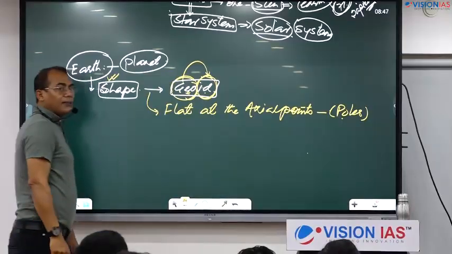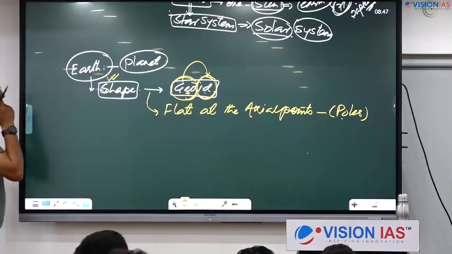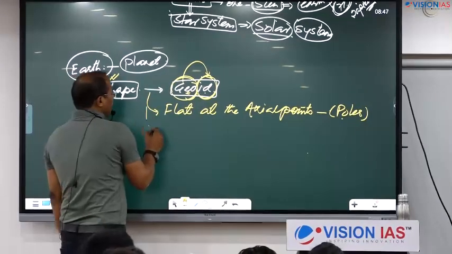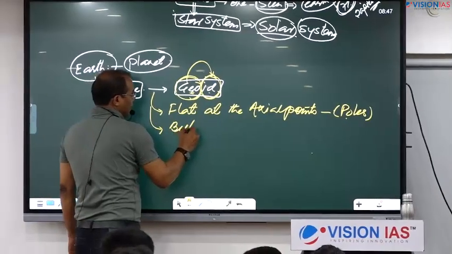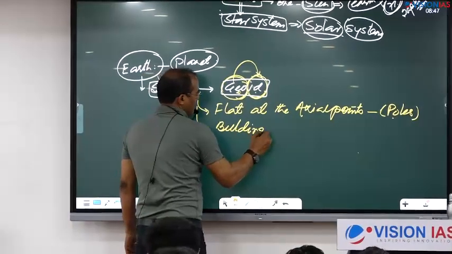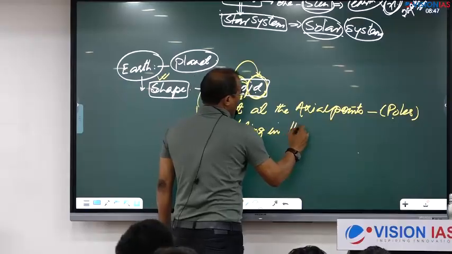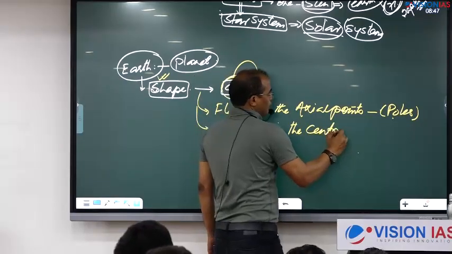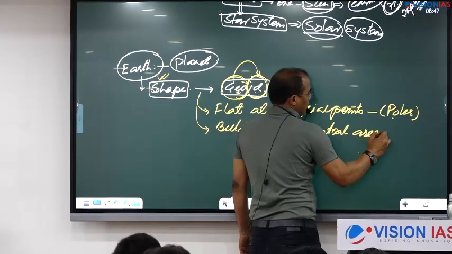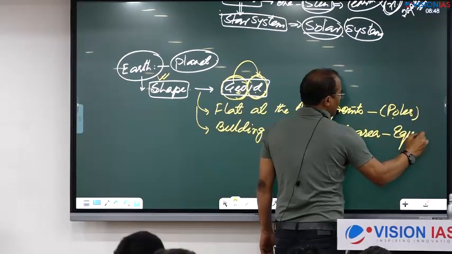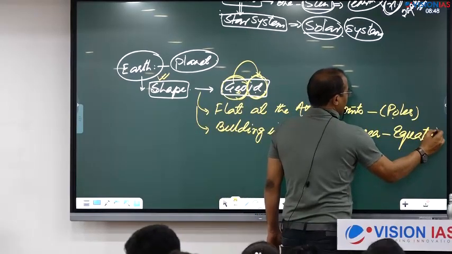It is flat at the axial points and bulging in the central area, which we call equator.